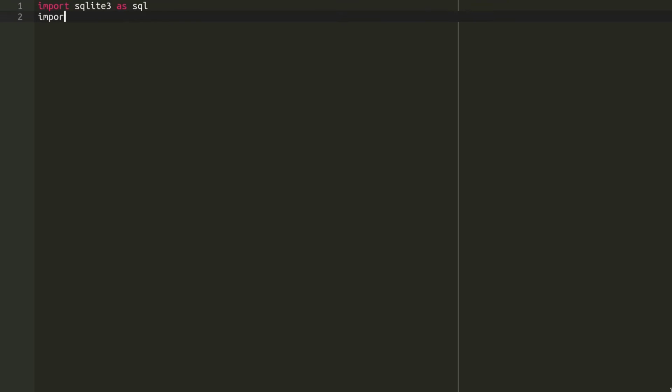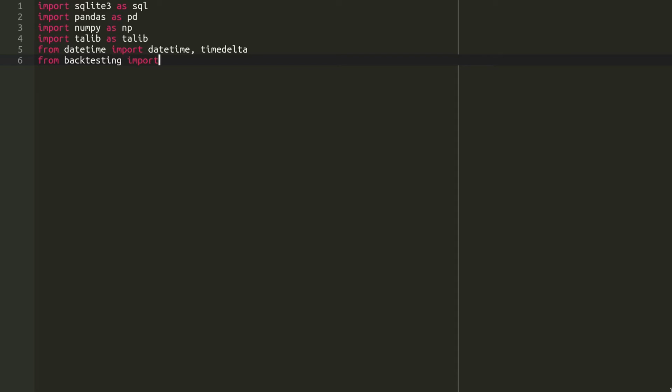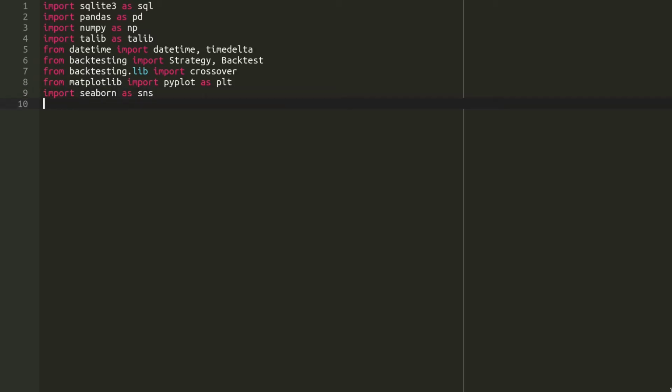Coding. First, we need to import the required libraries. We will need to get the data.